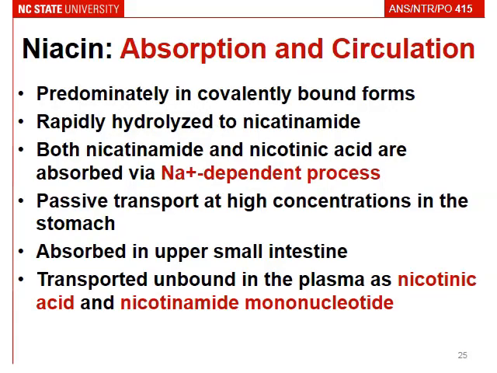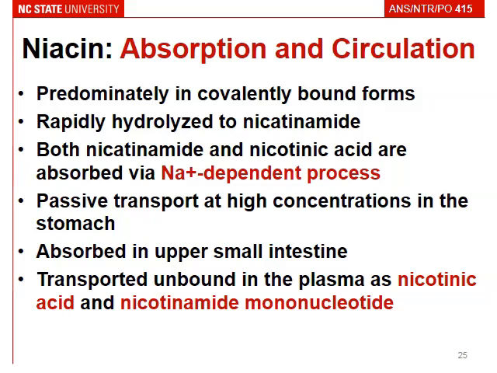So our niacin is primarily or predominantly found in its covalently bound forms. The niacin that is consumed in its cofactor form is quickly hydrolyzed to nicotinamide within the small intestine, and that occurs by nonspecific pyrophosphatases.